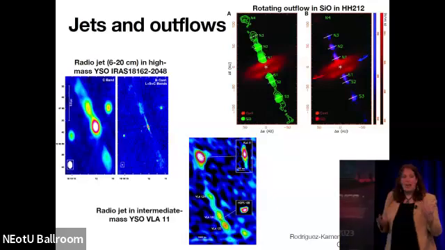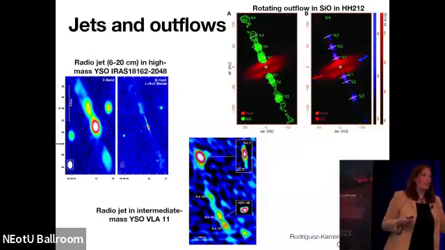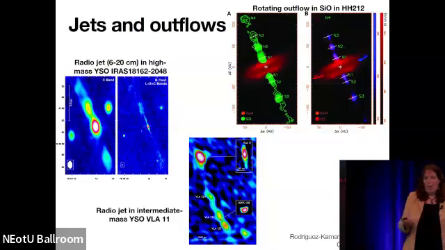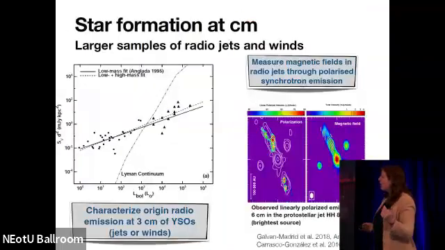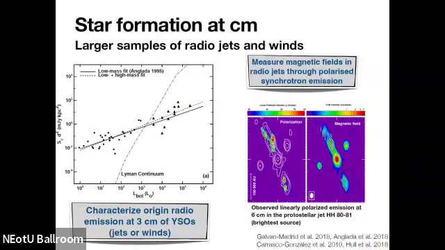However, the sample sizes are still very, very small. This is something where ngVLA and SKA are really going to make breakthroughs, where we will be able to take images, but also simply measurements of spectral indices of larger samples in order to find out more about the origin of this radio emission and the working principles behind these jets.